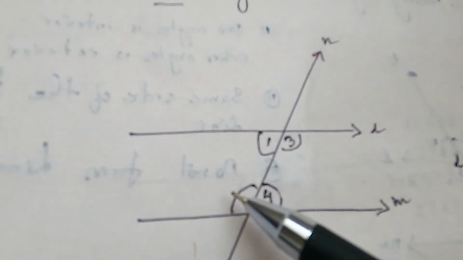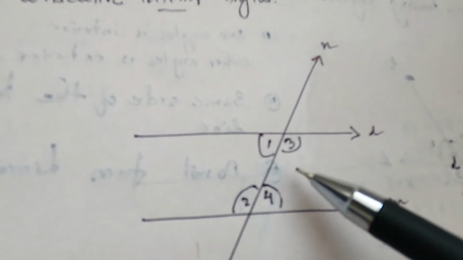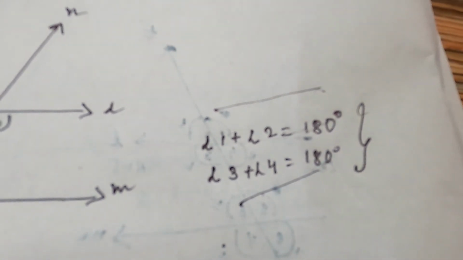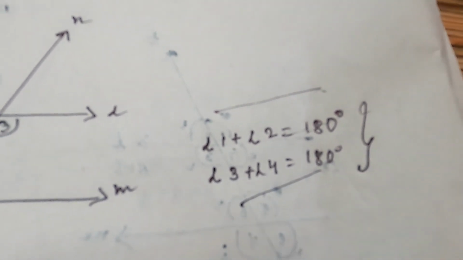Angle 1 plus angle 2 form a pair of consecutive interior angles, and angle 3 with angle 4 is another pair. And these are the formulas which you will be able to use to solve the problem.